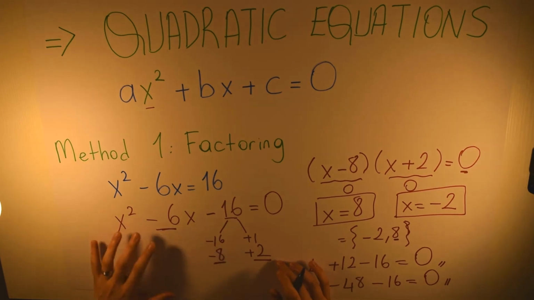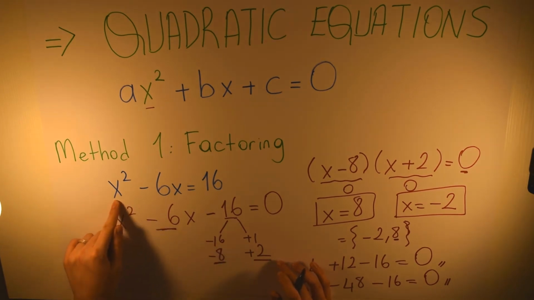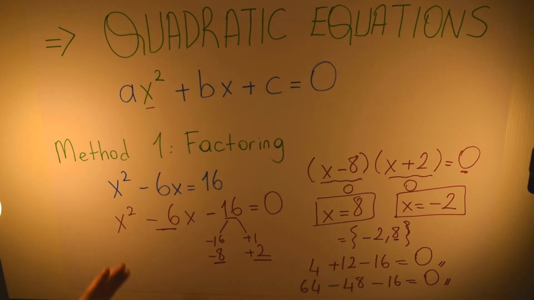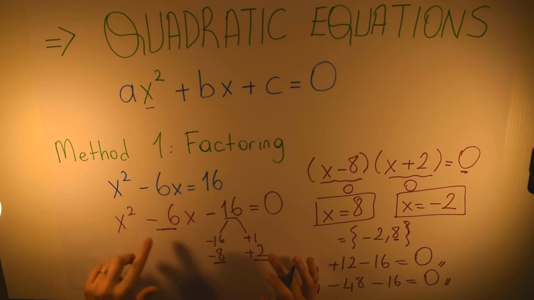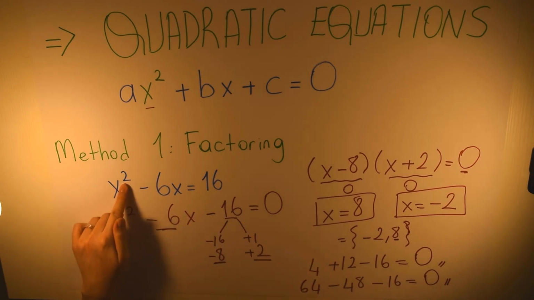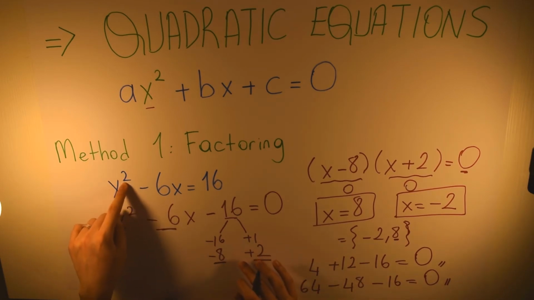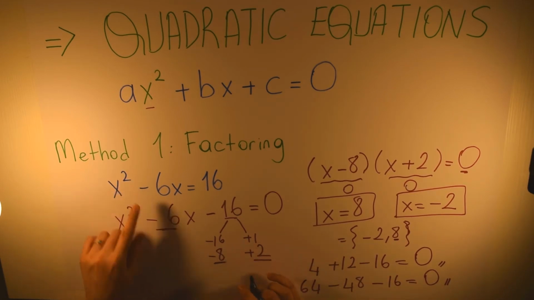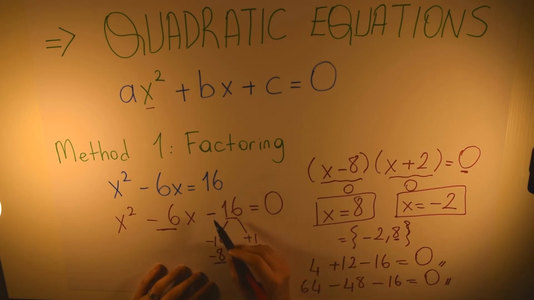Since this is a quadratic equation, the solution set has to have two values. If it were a cubic equation, say, then the solution set would have 3 values. It goes the same way as the exponent. So our solution for this question is minus 2 and 8.